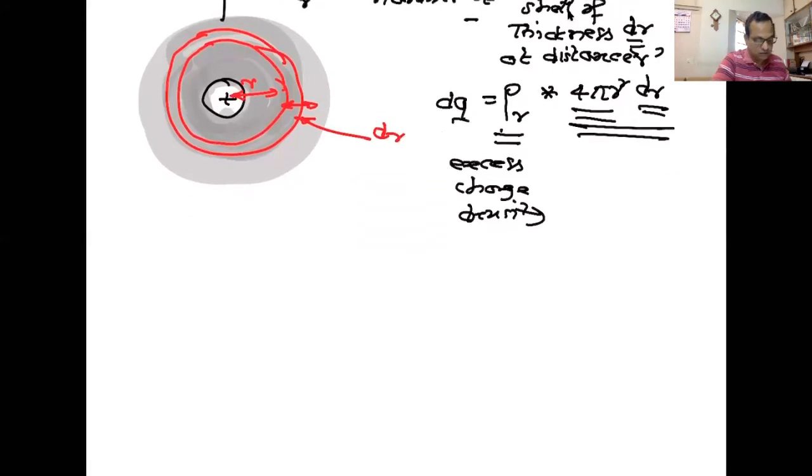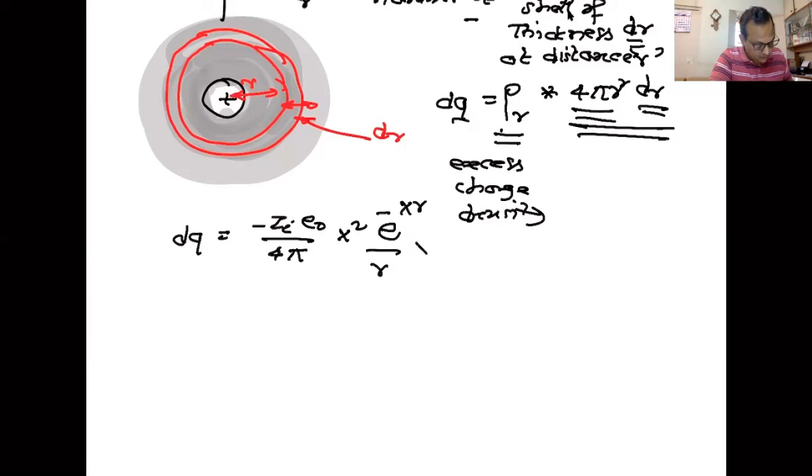Okay, so if I substitute the value of this rho r, what I get is dq equal to minus zi e0 upon 4 pi chi square e raised to minus chi r upon r, into 4 pi r square dr volume.